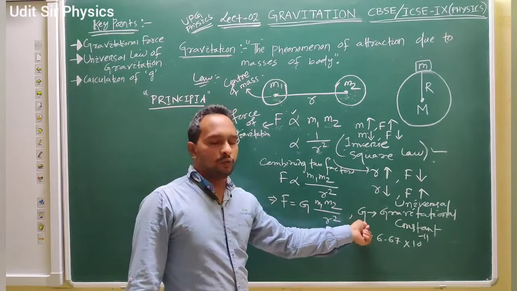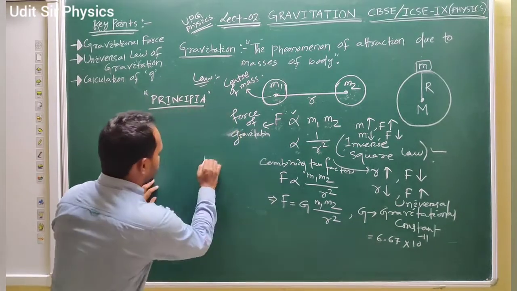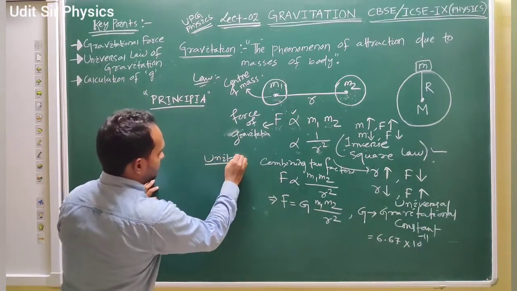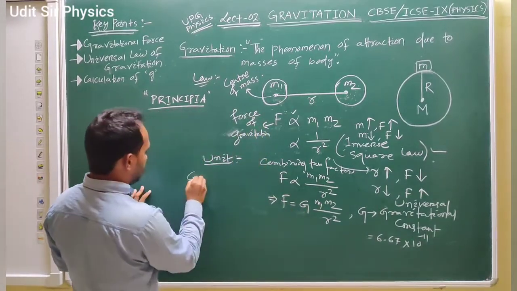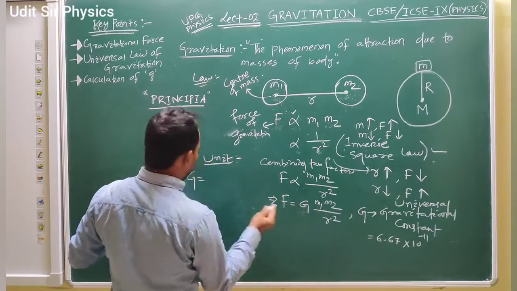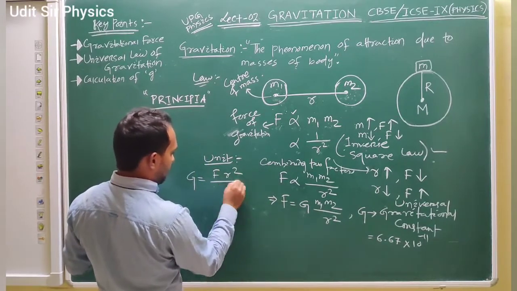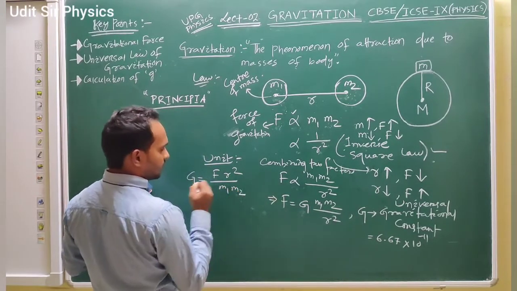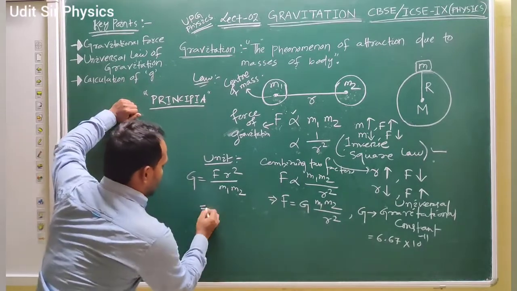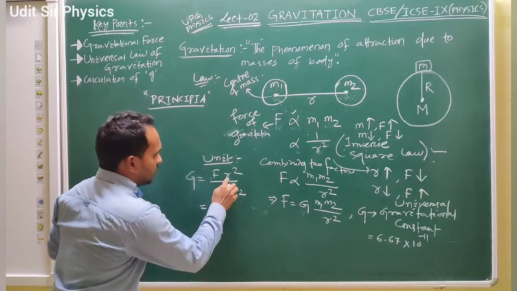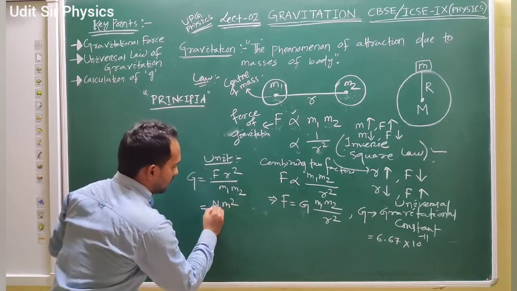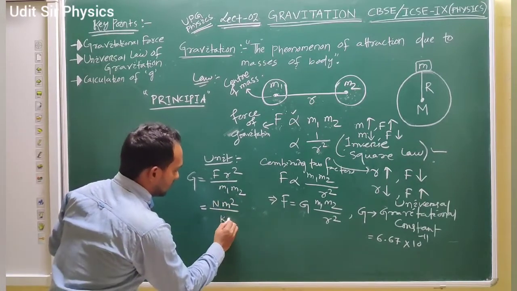So what is the unit? Here you can see that capital G equals F into r square by m1 m2. Here you can find out the unit. F is Newton, r square is meter square, then kg square.